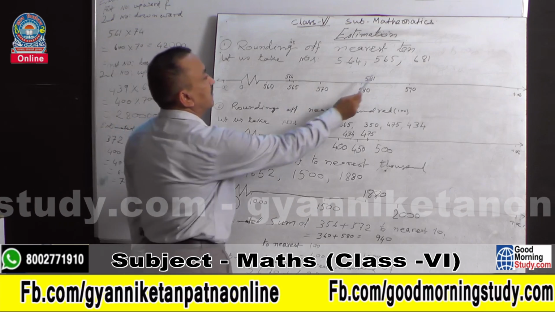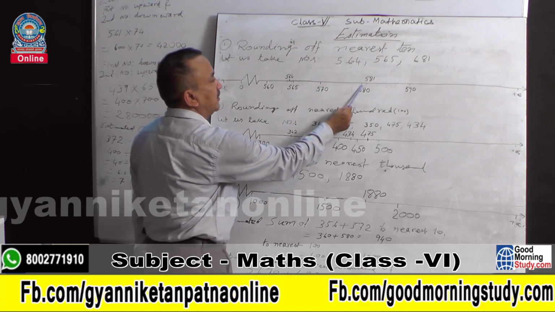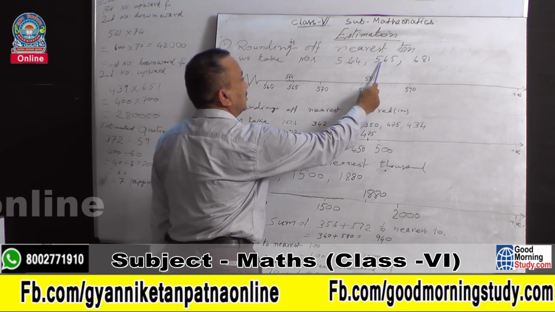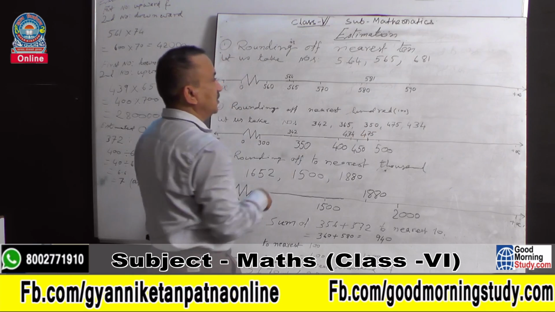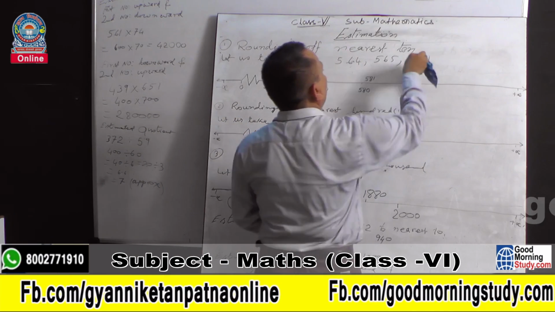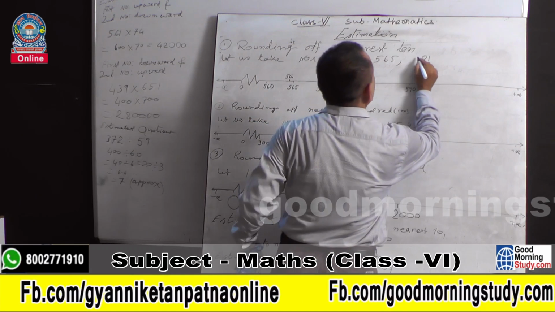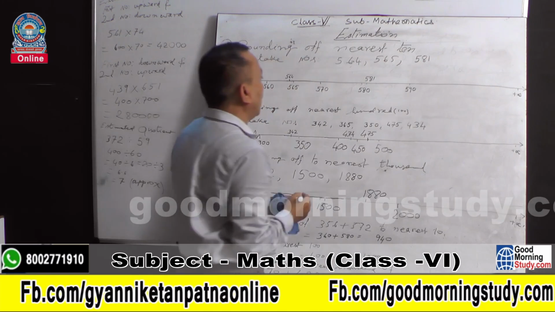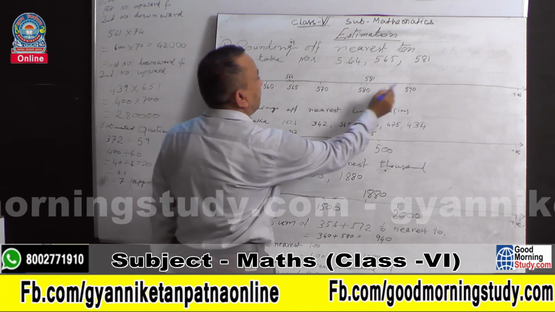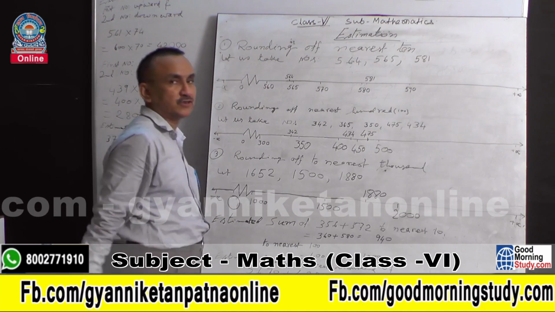Next comes 581. Now if you see, this is 580 and this is 590, and in between them 581 falls.